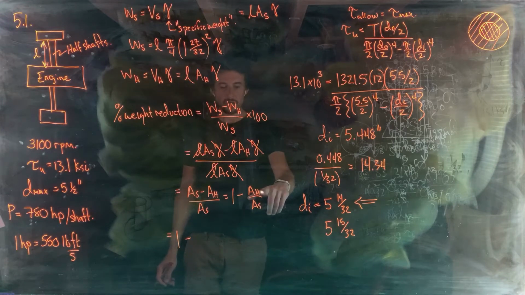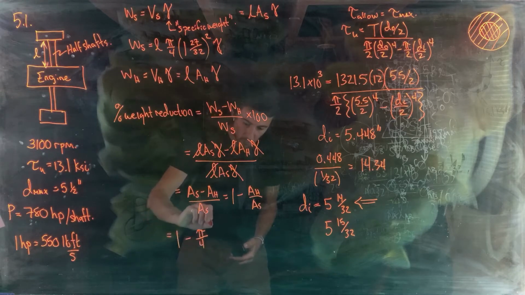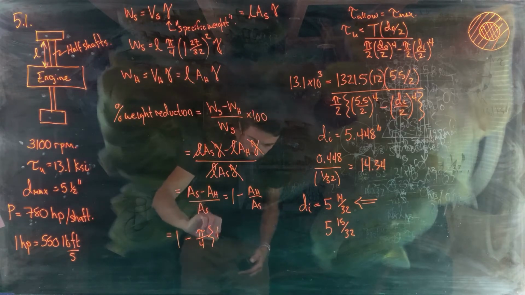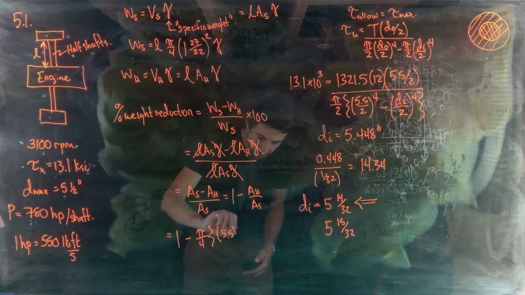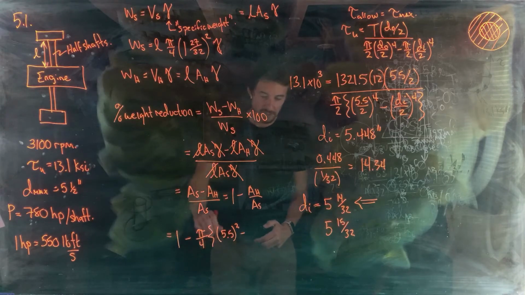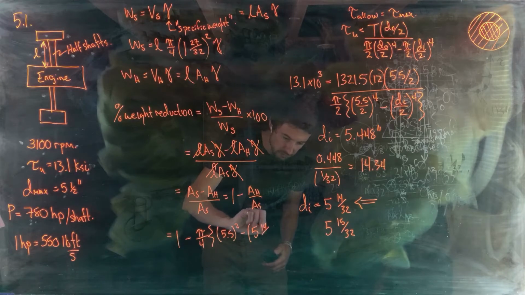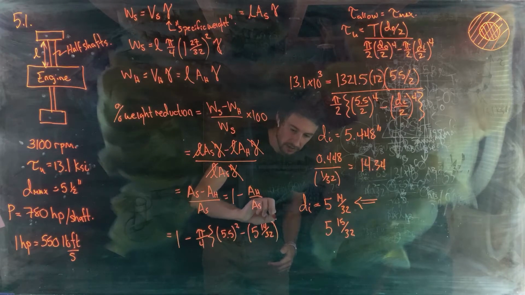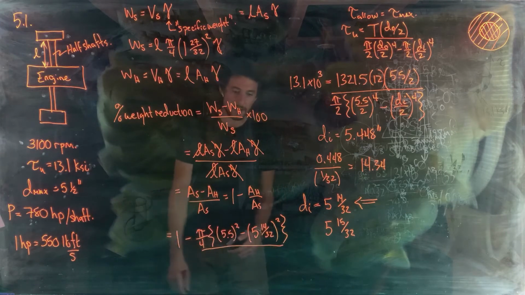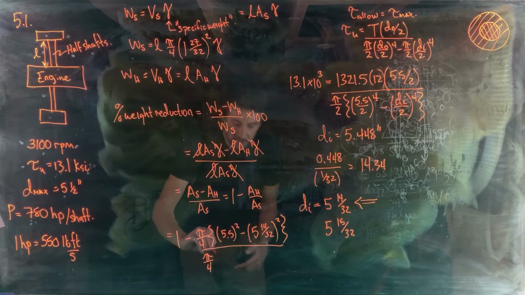So the cross-sectional area of the hollow shaft will be pi divided by 4, and then the outer diameter, which is 5.5 squared, minus the inner diameter, which we said was 5 and 14/32. So we've got 5 and 14/32 squared, and then divided by the area of the solid shaft, pi over 4 d squared.